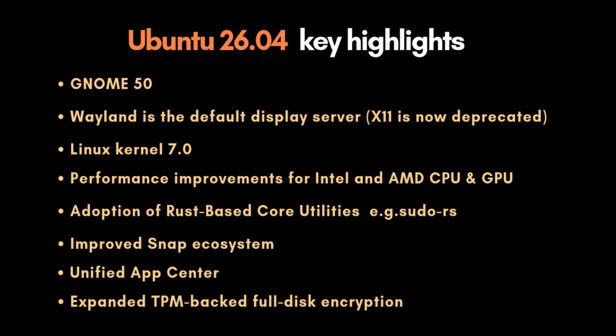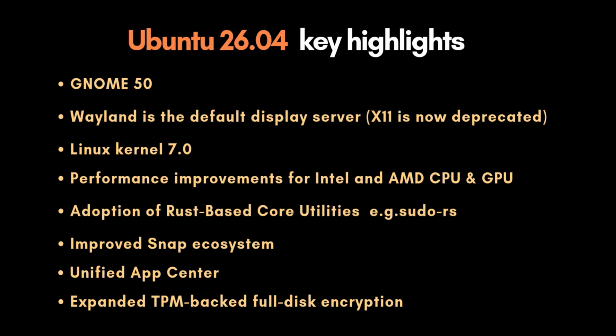Now, before we get along with the installation, let's have a quick overview of some of the key highlights. So Ubuntu 26.04 comes with GNOME 50. Wayland is the default display server, and X11 is now deprecated. You also get Linux kernel 7.0 that comes with numerous improvements for both hardware and GPU.